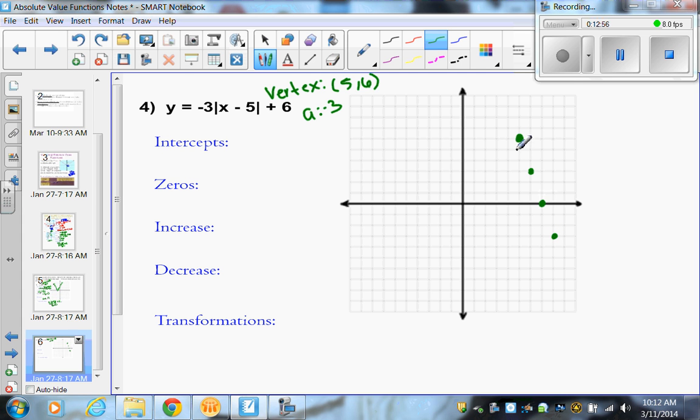And same thing to the left. So down 3 to the left 1, down 3 to the left 1. And then connect my points.